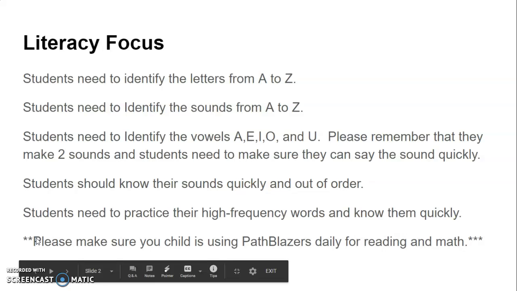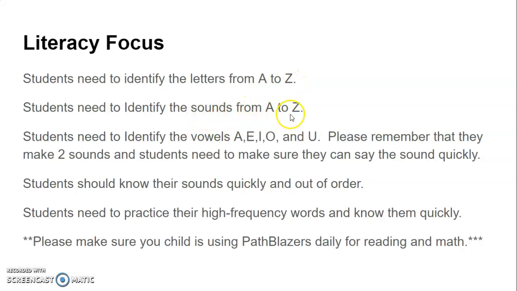Remember to practice your letters, being able to name the letters A to Z, also the sounds A to Z. Remember that the vowels make two sounds, so make sure and practice that you know your vowel sounds, both for each letter. Be able to know them quickly and be able to say them out of order.